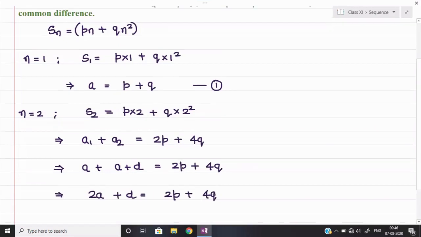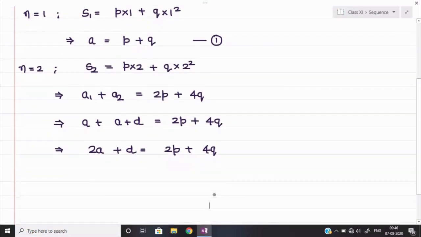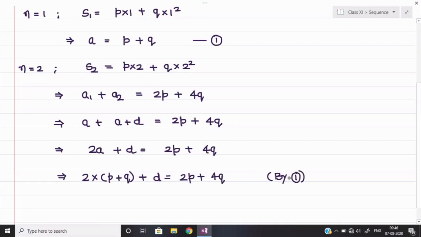Now see equation number 1. What is the value of a? I have P plus Q. So the value of a I am keeping from equation number 1, that is P plus Q, so 2 into P plus Q plus d is equal to 2P plus 4Q. Here we can give the reason: by equation number 1.